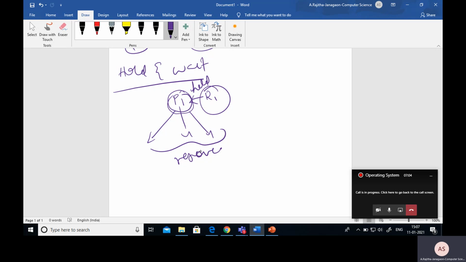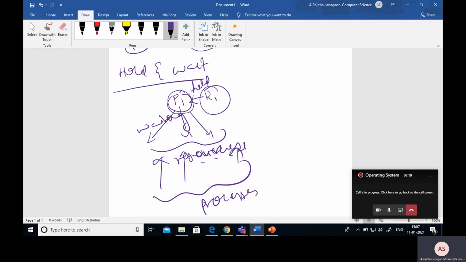It is waiting for a number of resources, and all these resources are held by some other processes. So this is called the hold and wait situation. A process must hold at least one resource and wait for a number of resources which are already held by other processes.